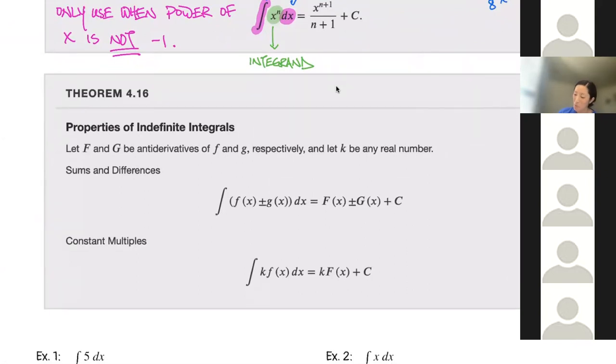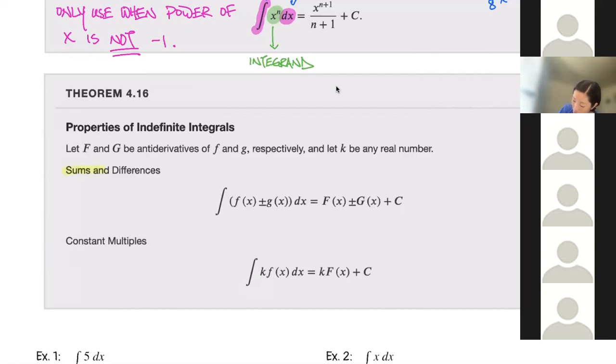Okay, and so one of the properties that is important for us to know here is, just like, I think it was Christina who said that we knew a sum and difference rule for derivatives, it turns out that we have a sum and difference rule for antiderivatives as well.